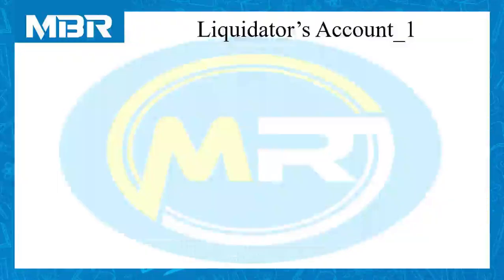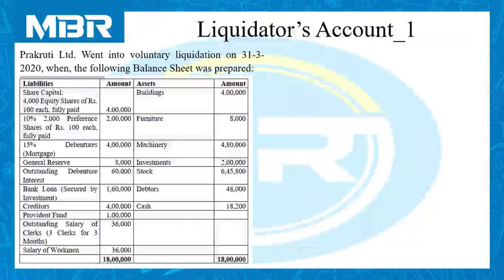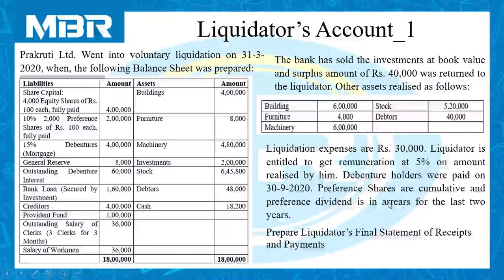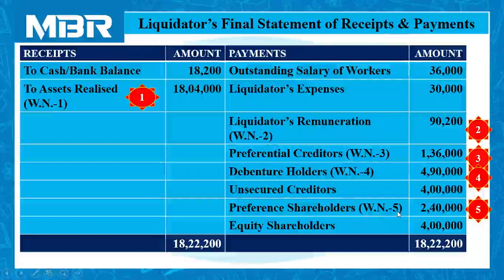Information is clearly given for creditors on liability side. Creditors rupees 4 lakhs. As no information is given regarding any mortgage or charges on the asset, these 4 lakhs rupees treated as unsecured creditors, and for this no additional calculations required.